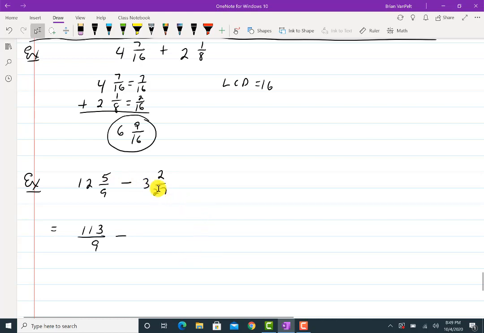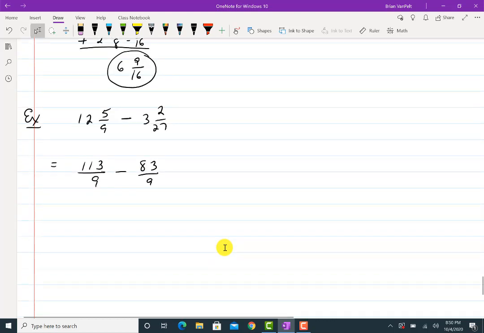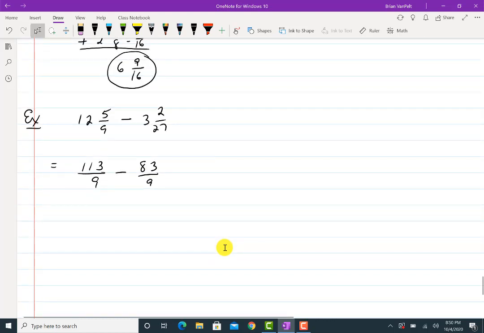Over here, 3 times 27 is 81. 81 plus 2 is 83. Then when I do the subtraction, I get, well, I made a mistake. I was all set to go, but I forgot the other denominator is over 27. The LCD is obviously 27.